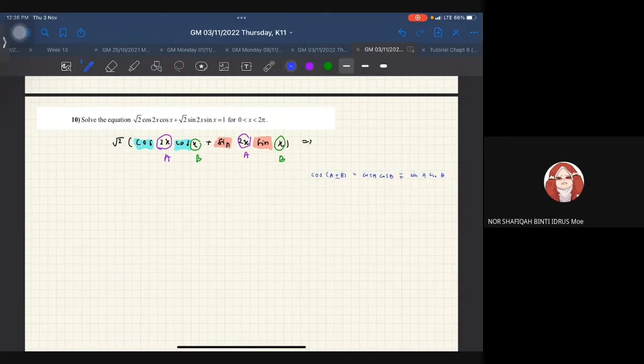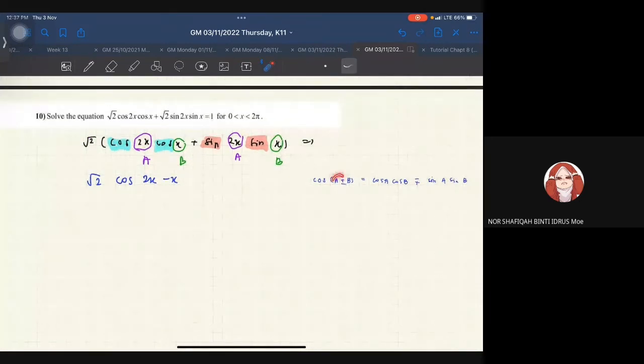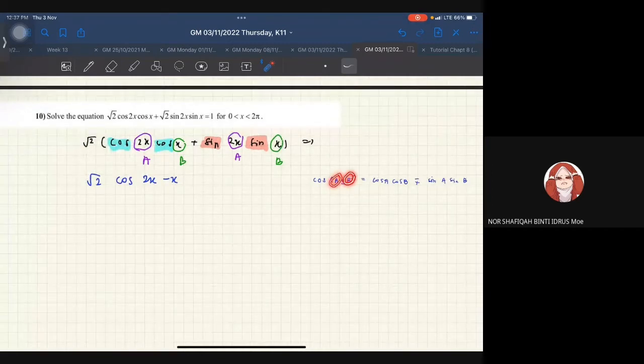Okay, so apa yang kita ada sekarang is set 2, and then multiply with cos (2x minus x). Okay, so kenapa 2x minus x? Sebab kalau ikutkan dia adalah a minus b. So a kita adalah 2x, b kita adalah x. So just put bracket dekat sini.